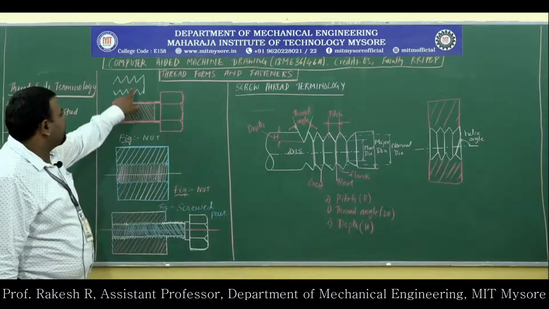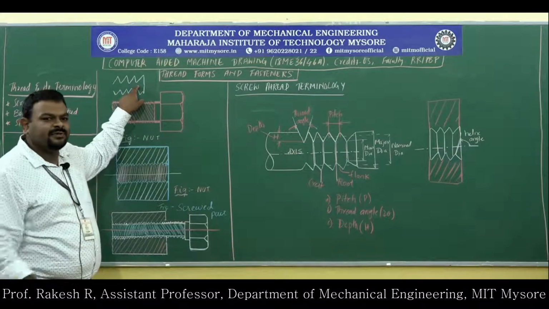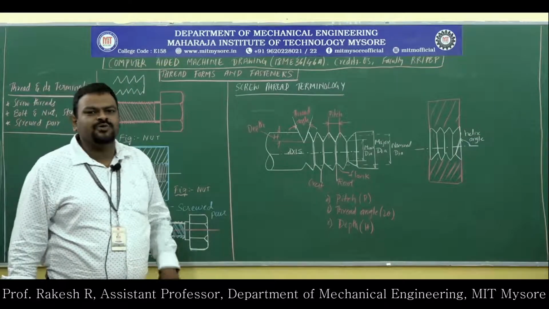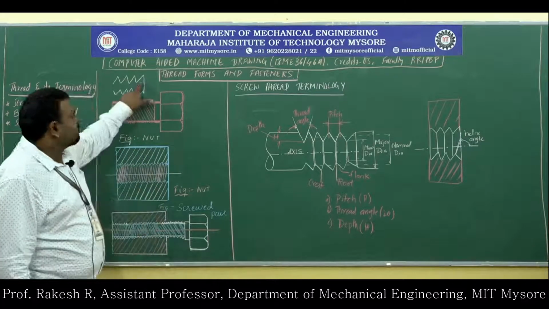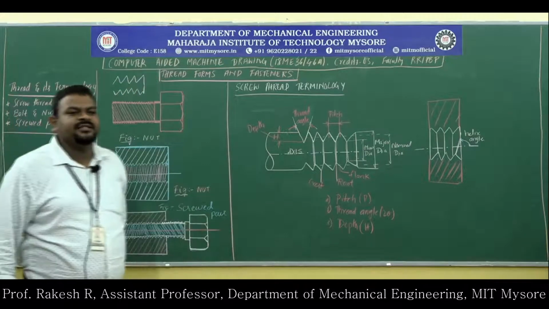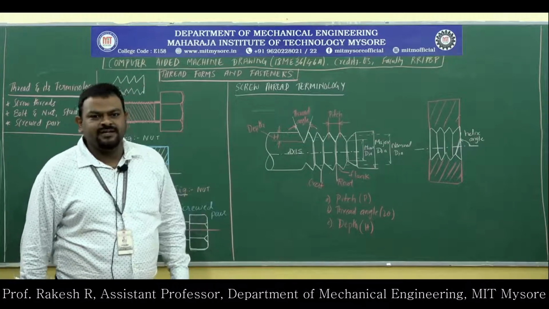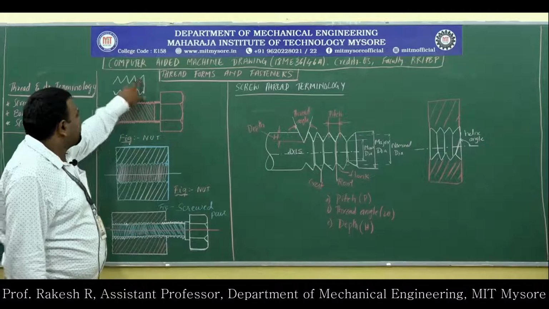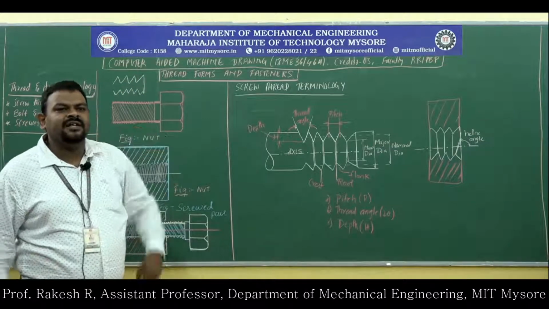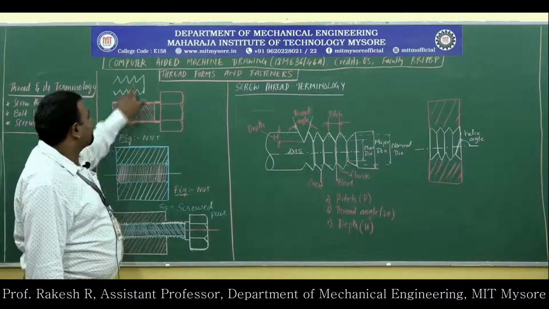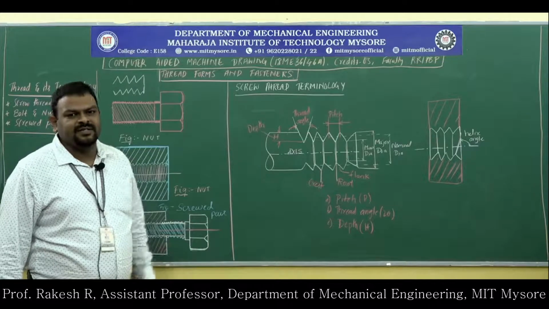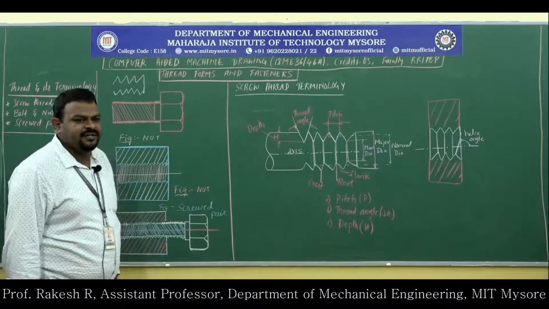Since it has a V groove, a thread is nothing but a screw thread. So helical grooves on the outer surface of the cylinder are nothing but a screw thread. Based on this, there are several types. It can be V grooves, it can be square, the groove shape can be anything. Standard grooves are V and square, which are available as a standard.